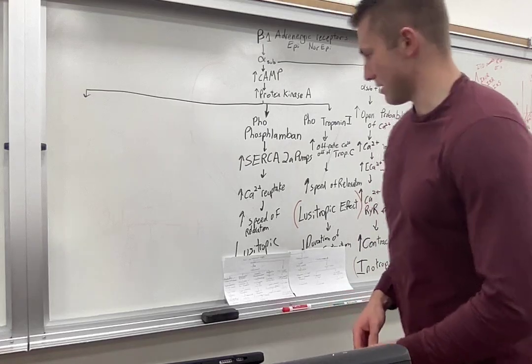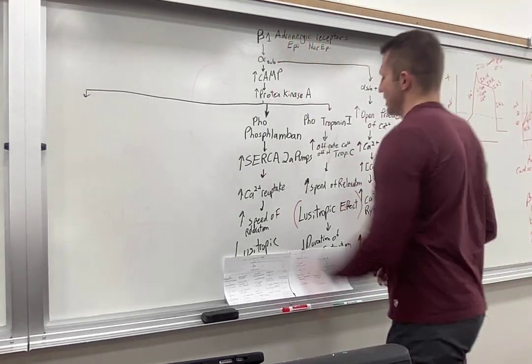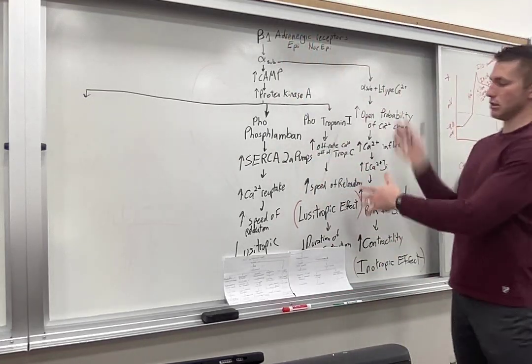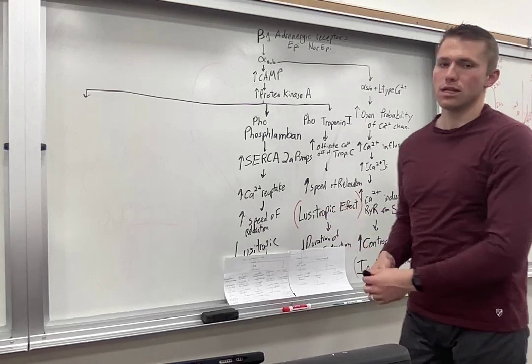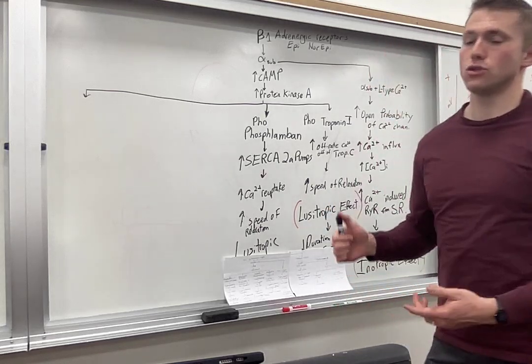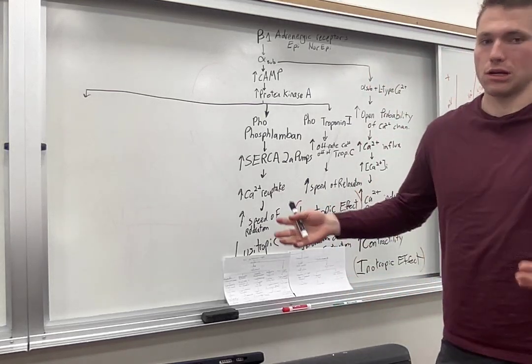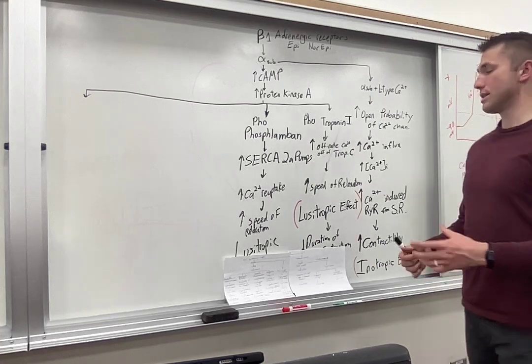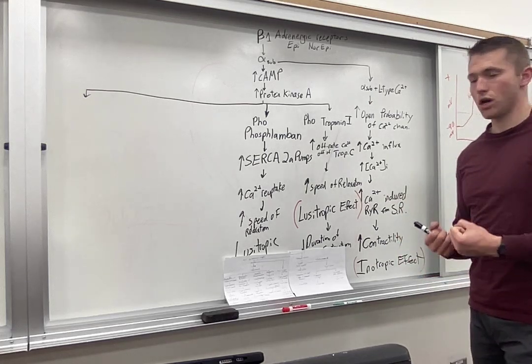Okay. Like I said, this is a pretty dense system, but as you can see, beta 1 so far has a lot of pathways that it can cause the heart to be faster, basically, and to crunch stronger.